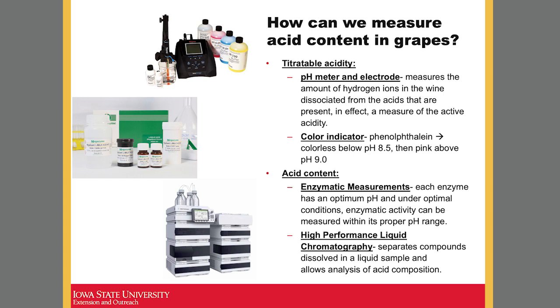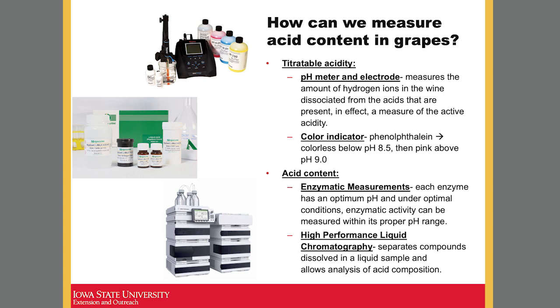That's really just to observe a change of pH by looking at the change of color. However, if you are measuring titratable acidity in a red wine, the change of color might be a little bit trickier to observe if you use the color indicator. So just keep that in mind.